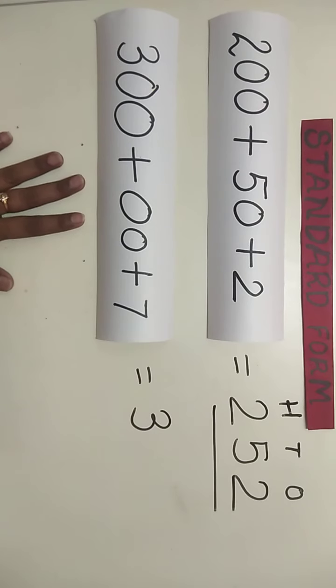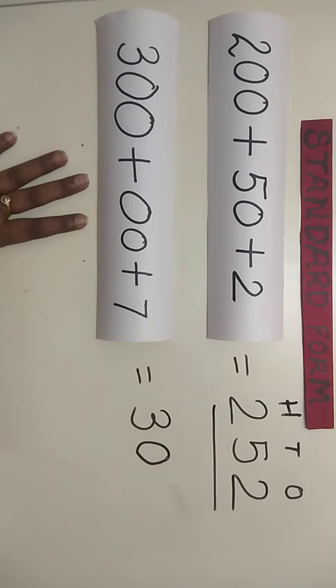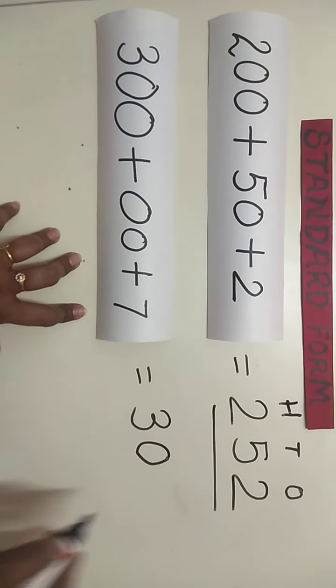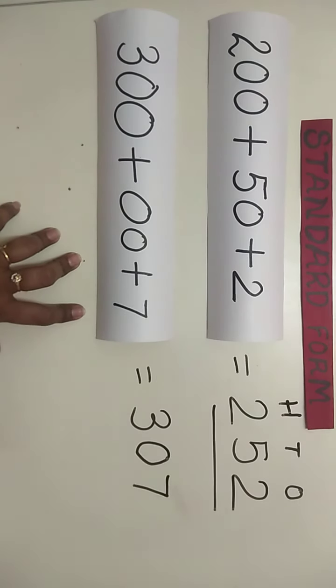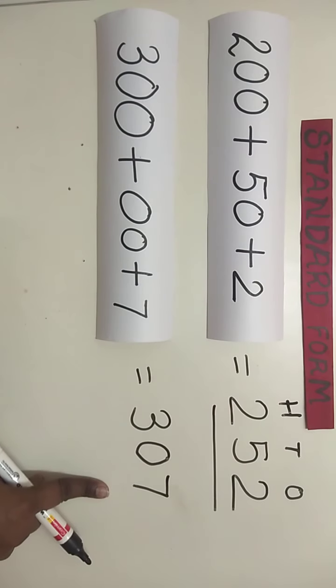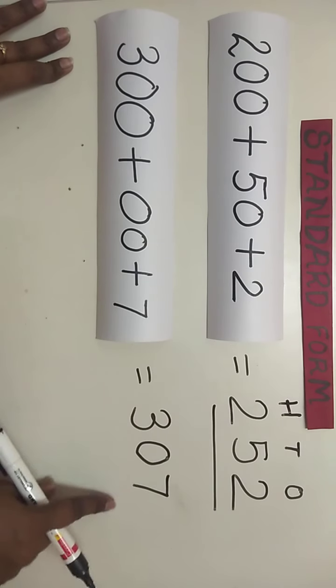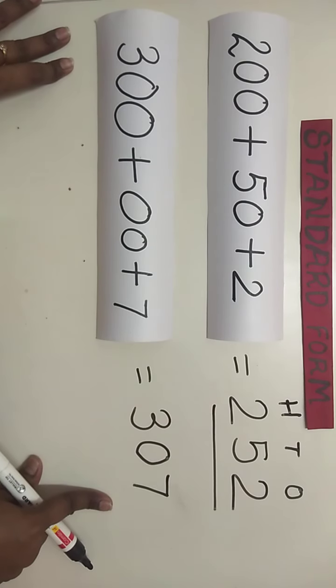In the place of tens, as we know it is 0, so here also we will put 0 plus 7. So in the place of ones we will put 7. So this is the standard form of this expanded form, that is 307.